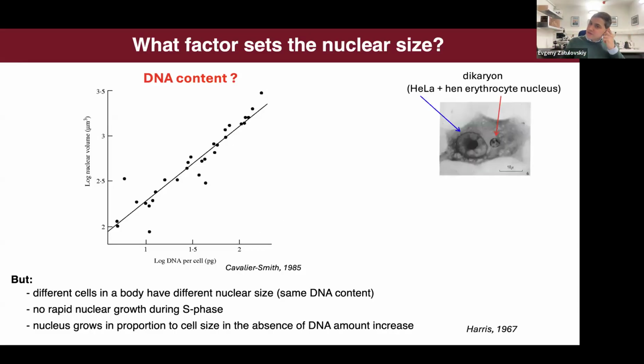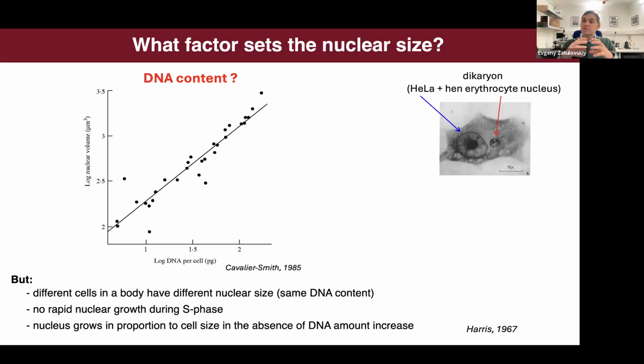And I also want to mention this beautiful experiment from the 1960s, which is most impressive to me about how nuclear size can change. In this experiment, they fused a cell with a tiny nucleus, an erythrocyte, with a cell with a relatively large nucleus, a HeLa cell.